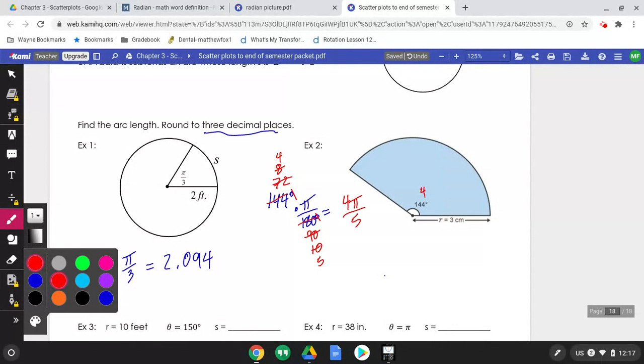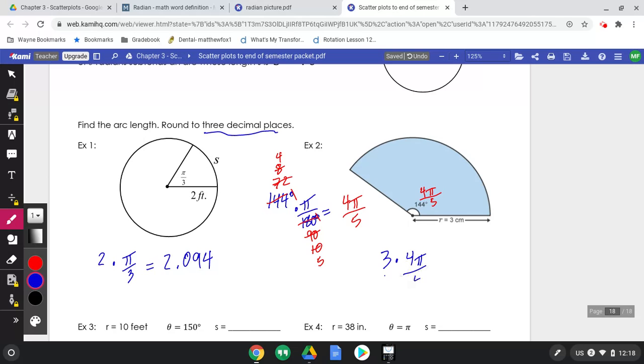That is how many radians. This is the same as 144 degrees. So from here now, all we have to do is take our radius, so 3 times 4 pi over 5. And we will get our answer here.